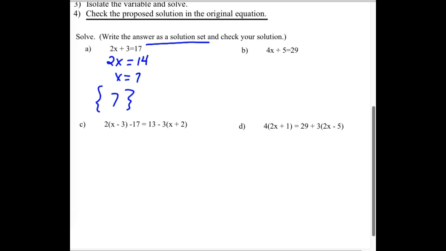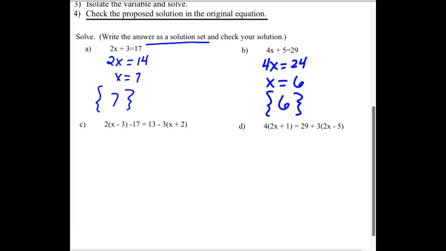Our second one, you subtracted 5 and divided, so you got a 6. Did it work? Yes, so then we put it in that set bracket. We say our solution set contains the number 6.